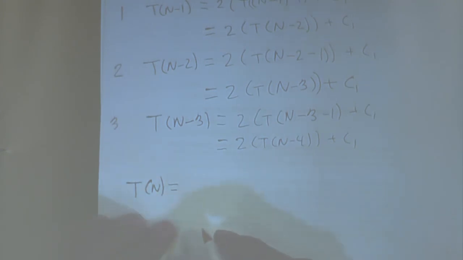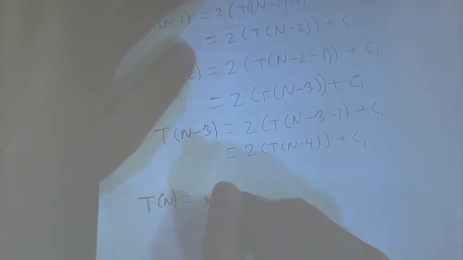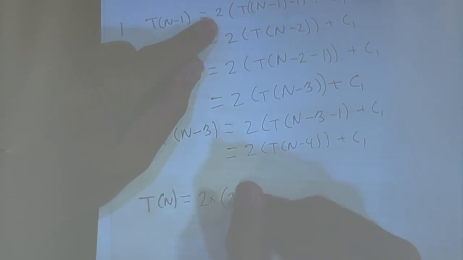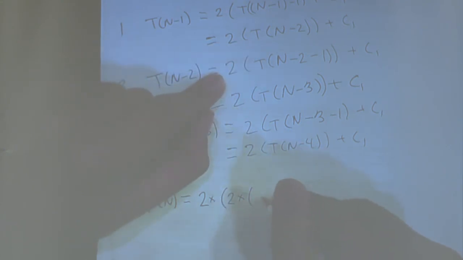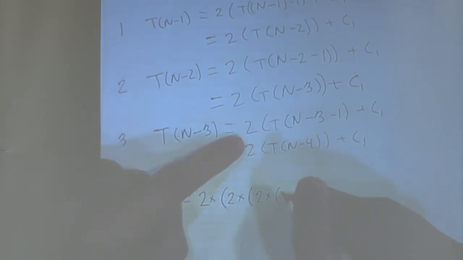If we put all this back, it's going to look like this. It's going to be 2 times T of n minus 1, which is this guy, which is going to be 2 times this guy here, 2 times T of n minus 3, which is this guy here, 2 times T of n minus 4.